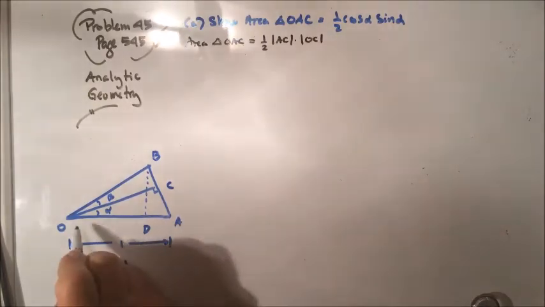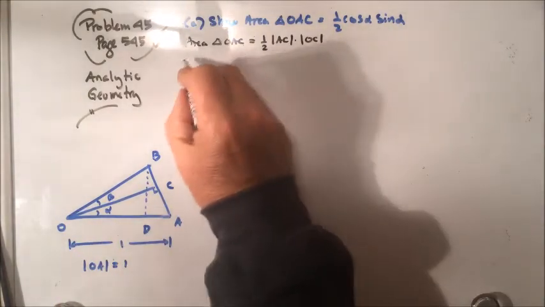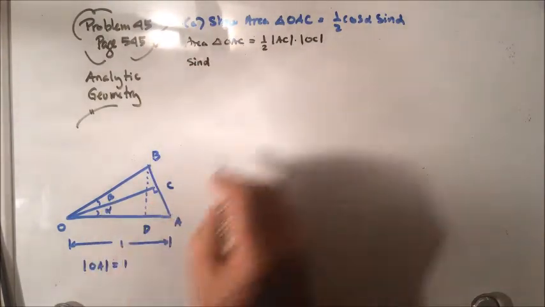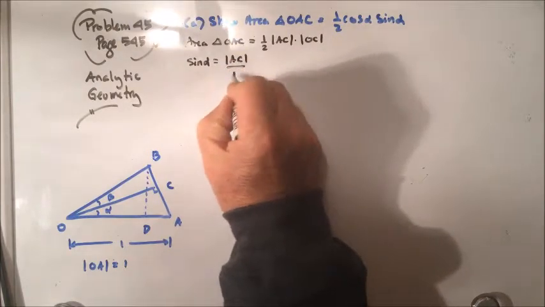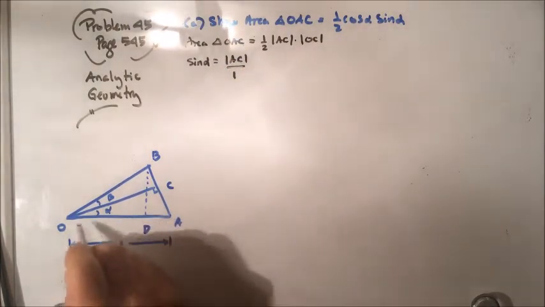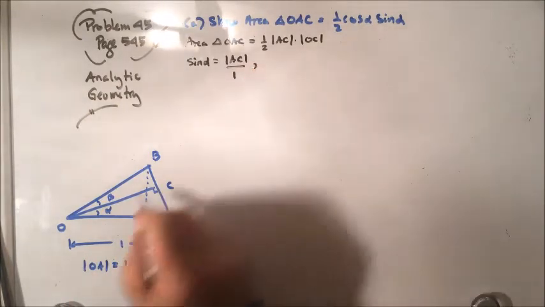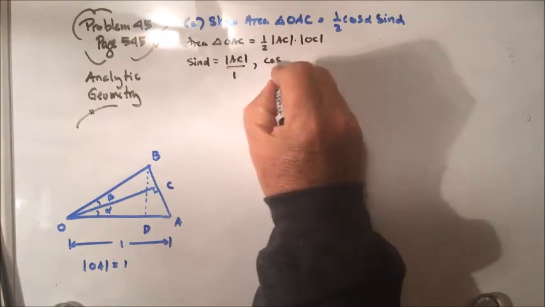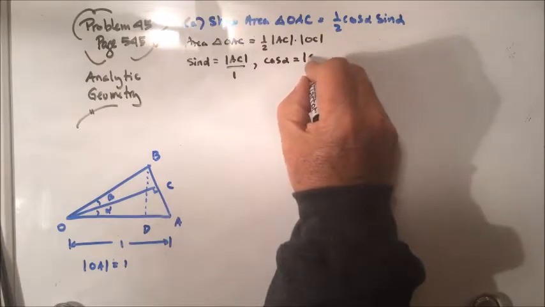Now, since this right triangle has hypotenuse 1, the sine of alpha is the opposite over the hypotenuse, AC over 1, and the cosine is the adjacent over the hypotenuse. What's the adjacent?